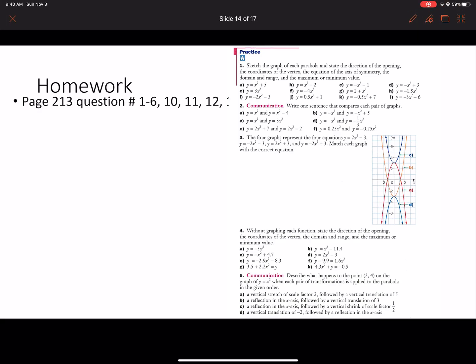So we have question 2. 2a, or let's just read it. Write one sentence that compares each pair of graphs. So you have y equals x squared and y equals x squared minus 4.